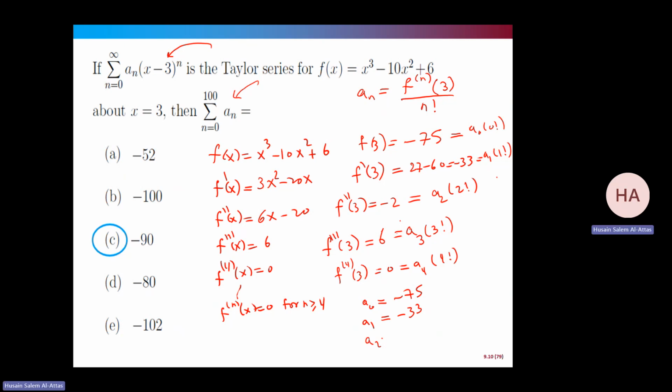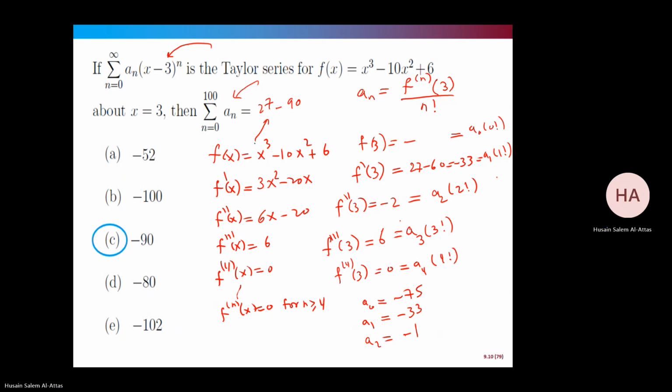A2 is what? A2 is minus 2 over this minus 1. Okay. Let me double check the calculation. This is 27. This is 27. 3 minus 90. Yeah, this is not 75. This is wrong.